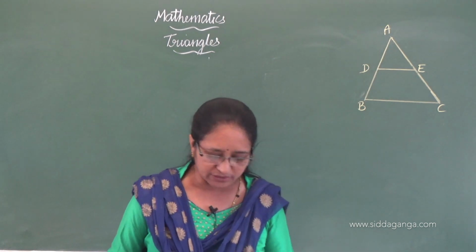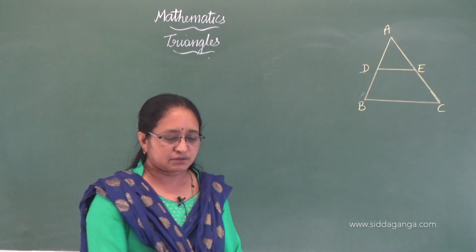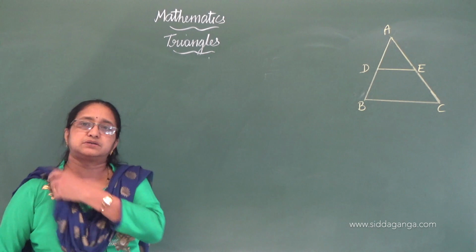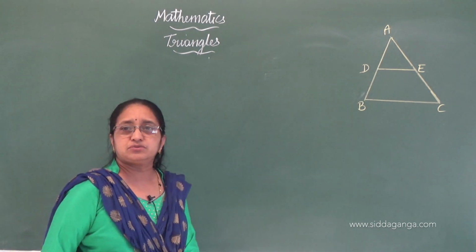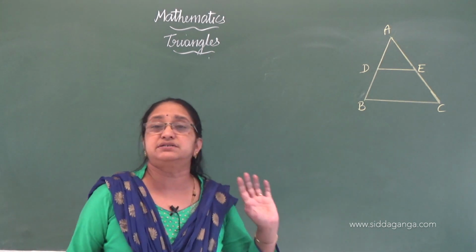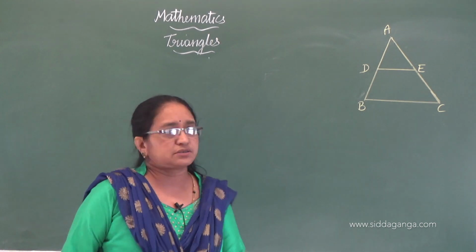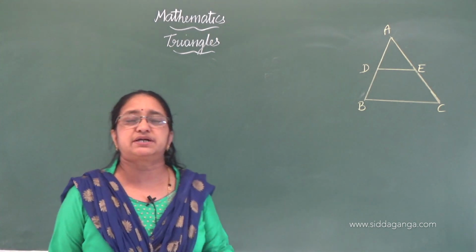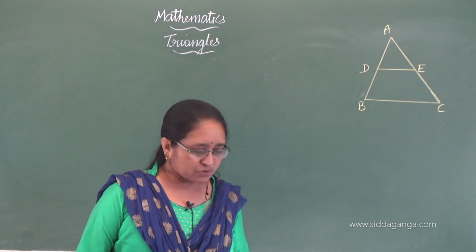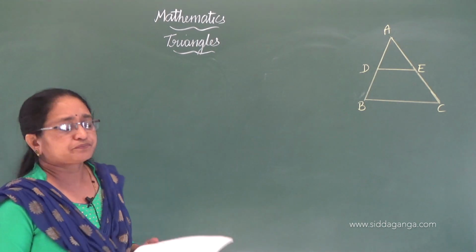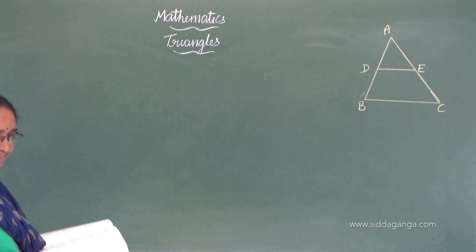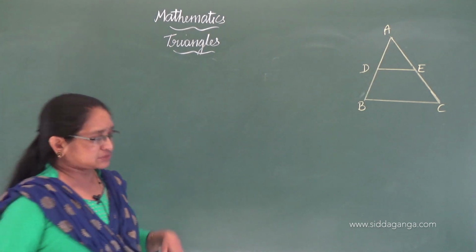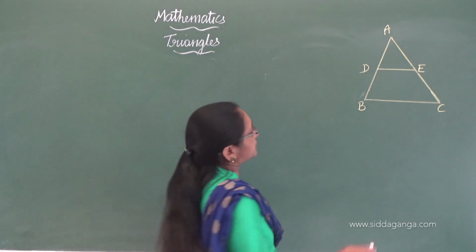So for that, let us start how to write. Please write the statement, so that if I write the statement, I won't be having place to work out. Please write the statement, very important. Converse of BPT. I am going to use this triangle only.